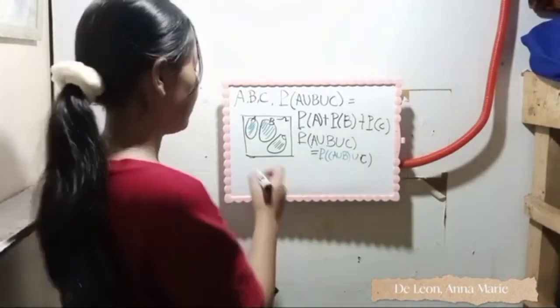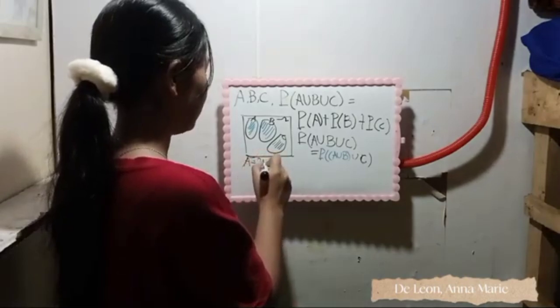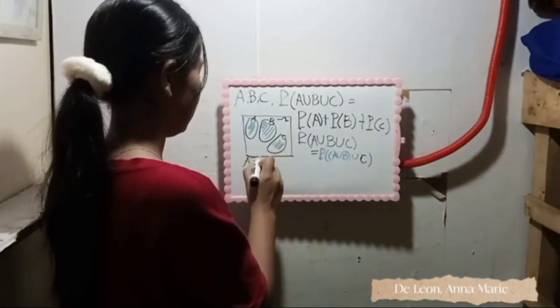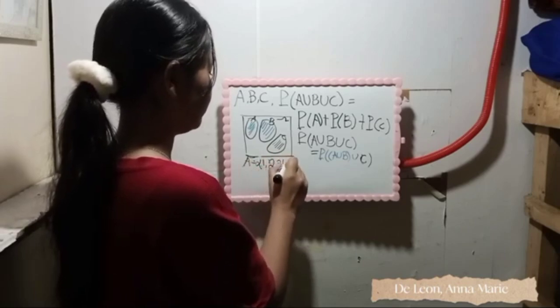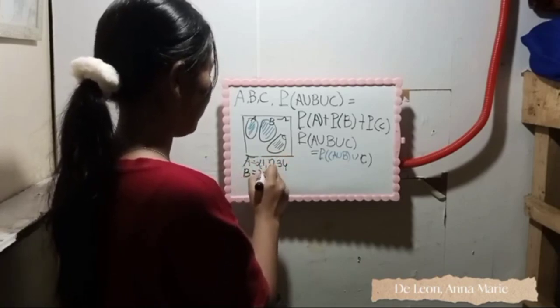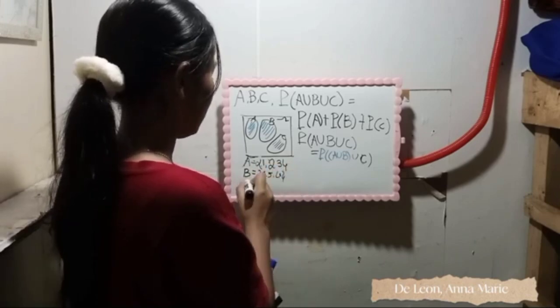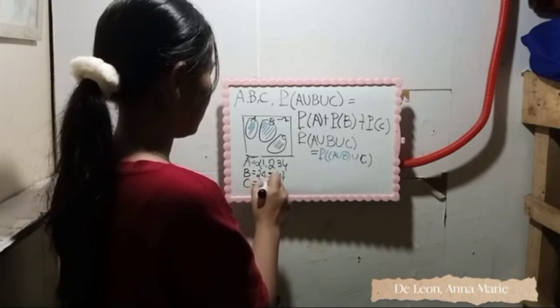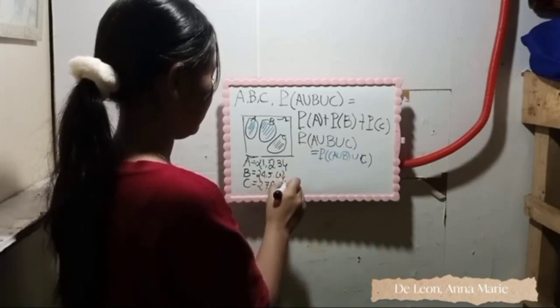For instance, A is equal to 1, 2, and 3, and B is equal to 4, 5, and 6, and C is equal to 7, 8, and 9.